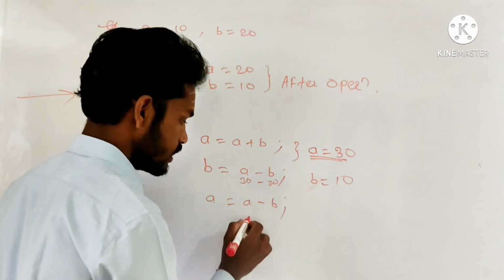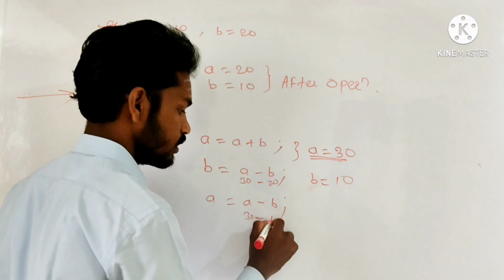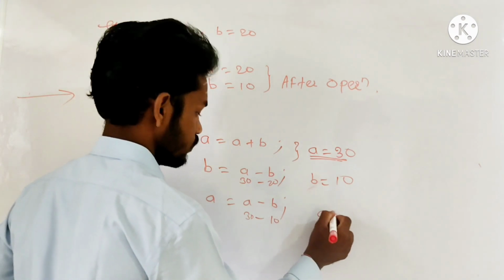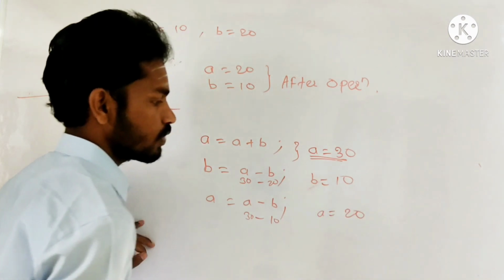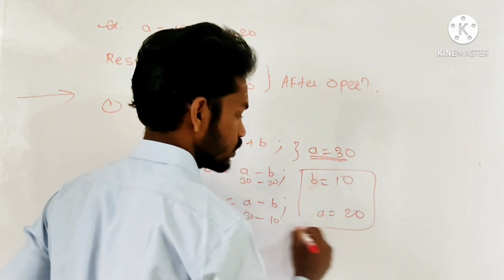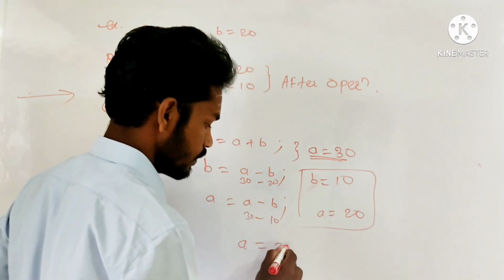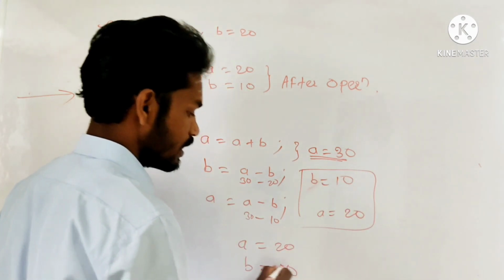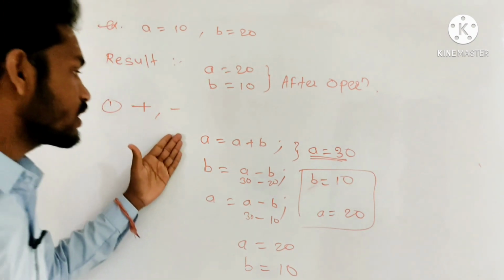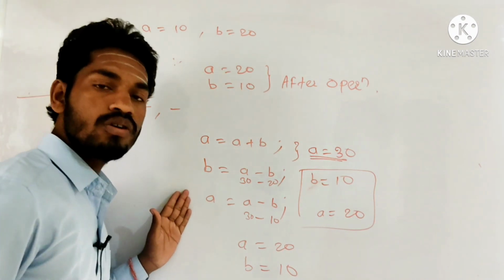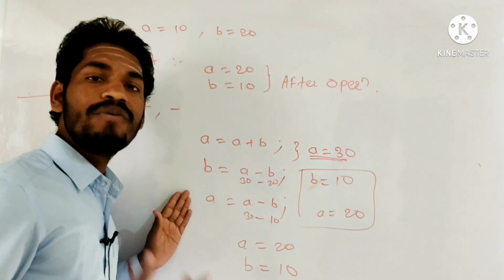Now a is 30 minus b is 10, so a becomes 20. Finally we got the solution: a becomes 20, b becomes 10. Like that we have written the solution for swapping two variables.